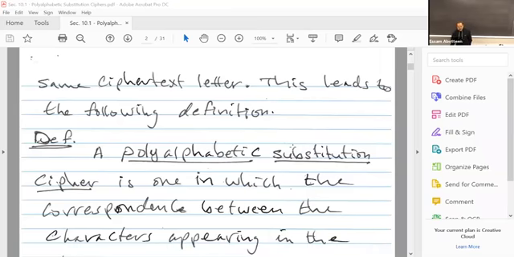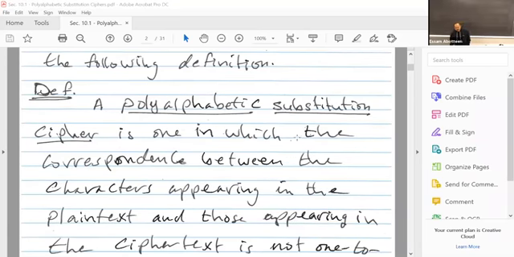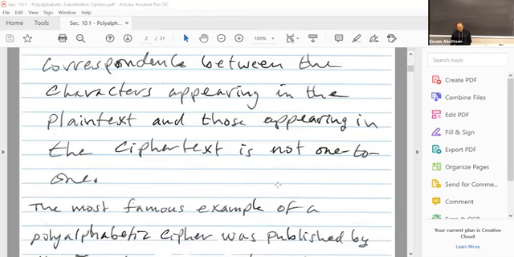And in this case, the correspondence between the characters that appear in the plain text and those appearing in the cipher text is not one-to-one. So in other words, each letter may actually be encrypted as different letters. So the frequency is gonna vary, so we cannot use the frequency analysis anymore.